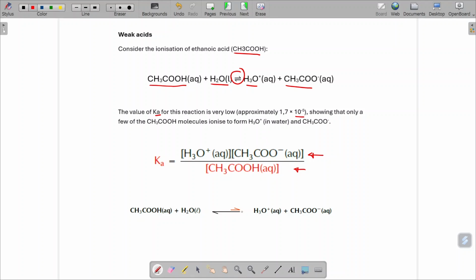And in fact, if we had to draw the equilibrium, we see that the equilibrium lies far to the left because most of our original molecules did not ionize in water.